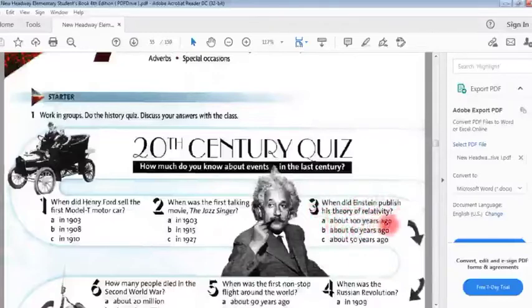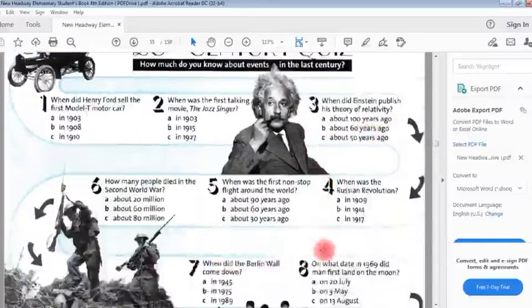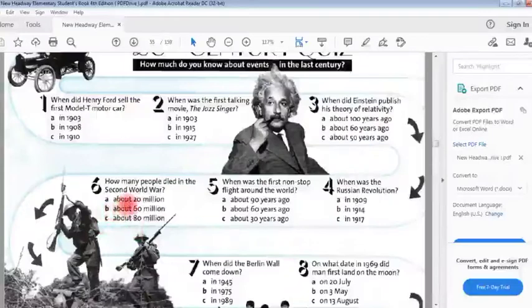About 100 years ago, about 60 years ago, about 50 years ago. 6. How many people died in the Second World War? About 20 million, about 60 million, about 80 million. 5. When was the first non-stop flight around the world? About 90 years ago, about 60 years ago, about 30 years ago.